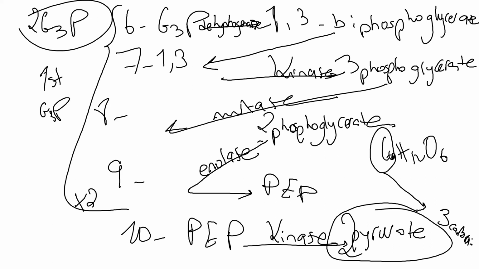And then this will become 3-phosphoglycerate by the kinase enzyme, then 2-phosphoglycerate by mutase enzyme, then PEP by the enolase enzyme, and then PEP will become pyruvate by the kinase enzyme. This process is repeated 2 times because we have 2 G3P ending up with 2 pyruvates.